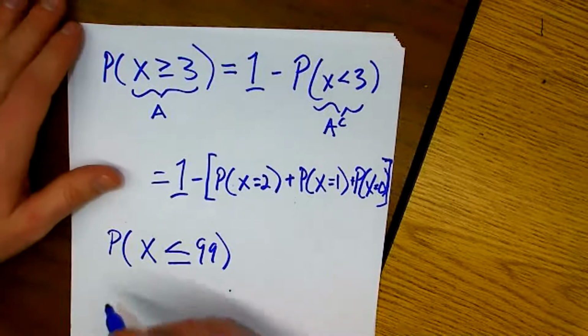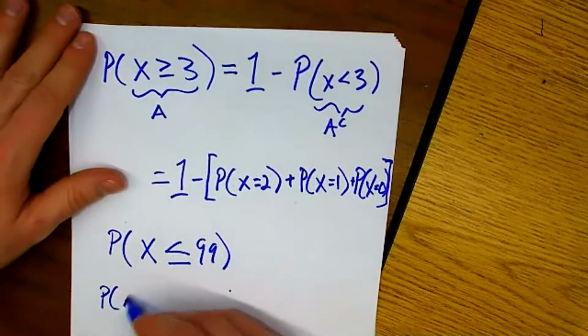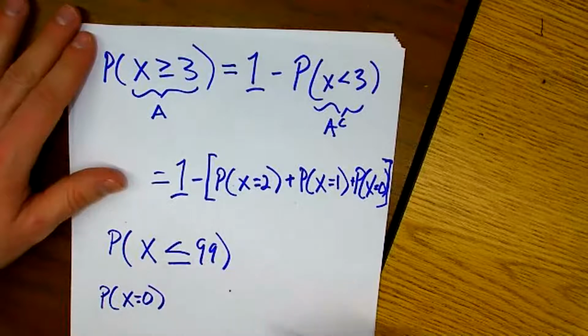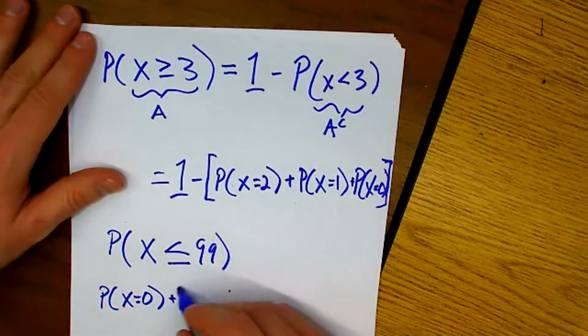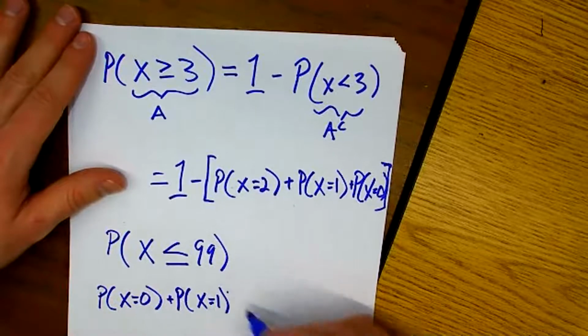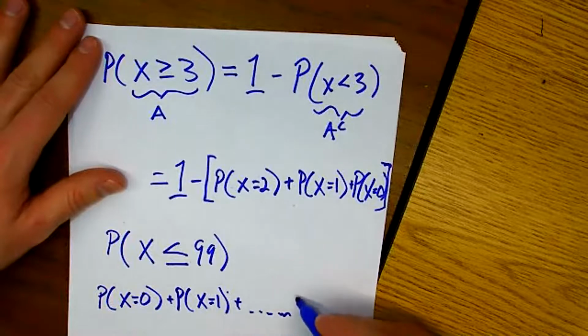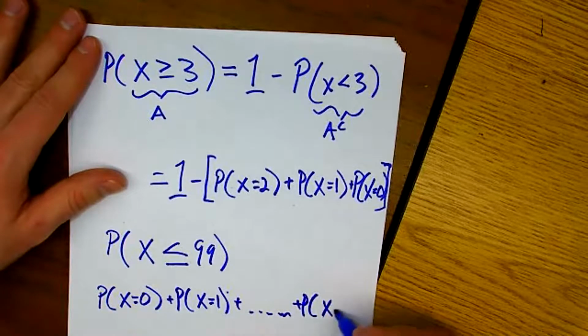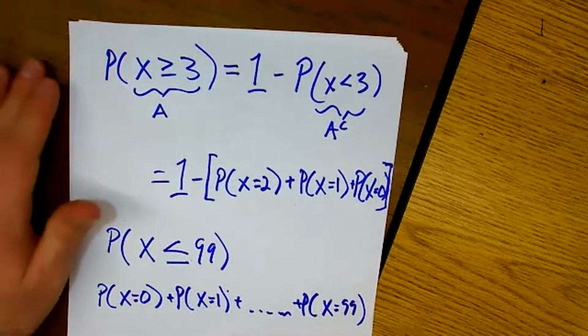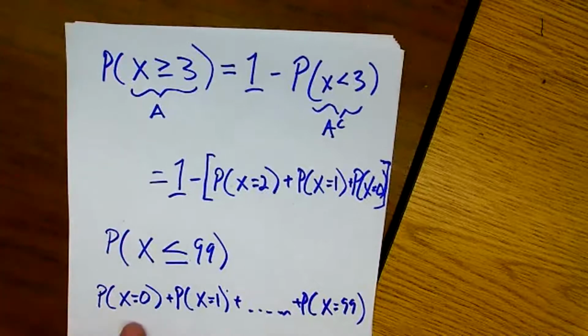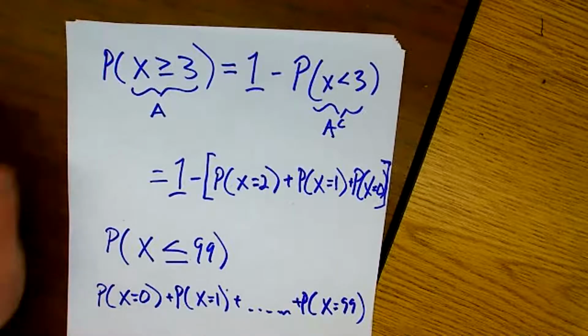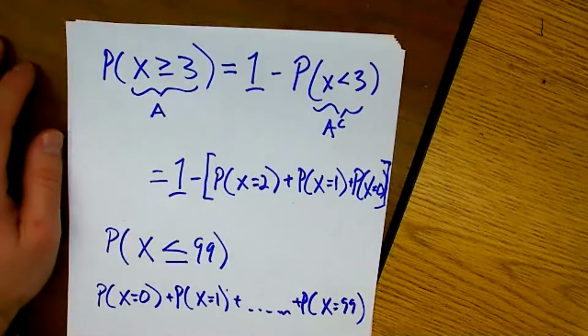If I start writing this out, what's the probability 0 out of the 100 are heads, plus the probability 1 out of the 100 are heads, plus all the way up to the probability 99 out of the 100 coin flips are heads. I've almost added up the probability of every single possible outcome except for 1.